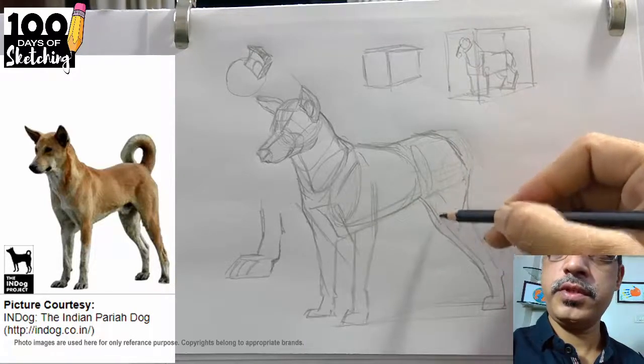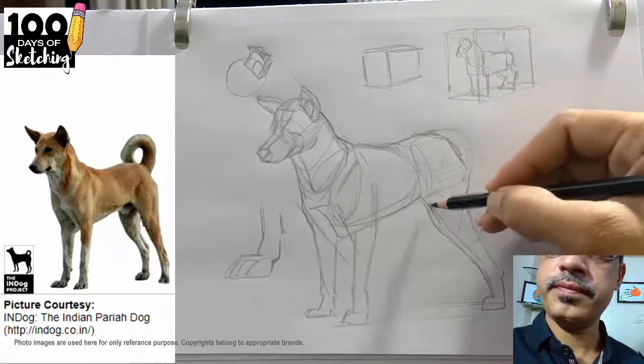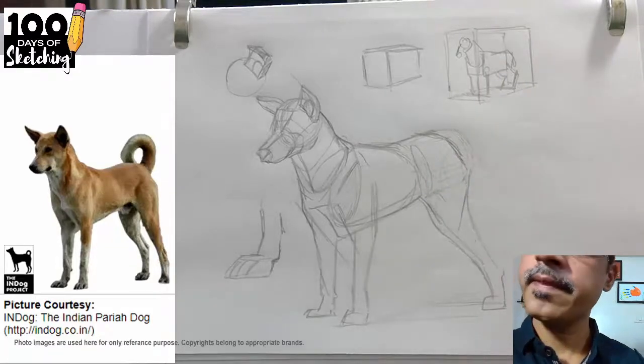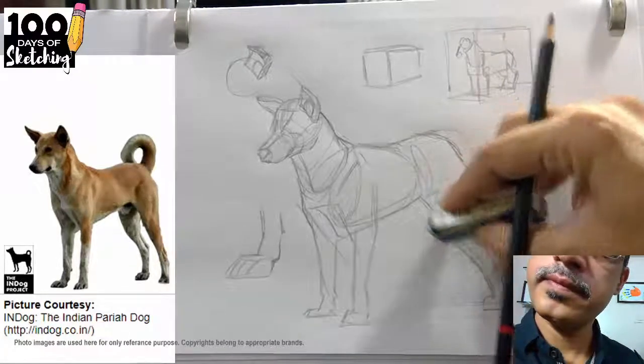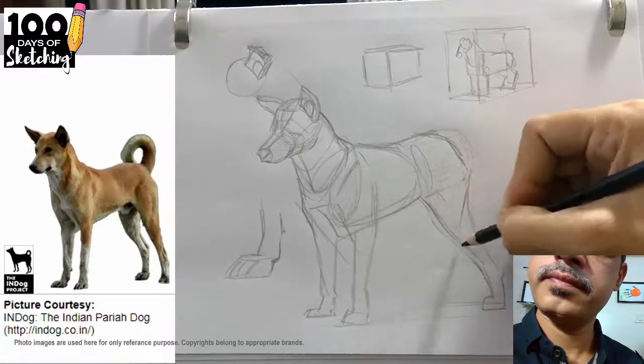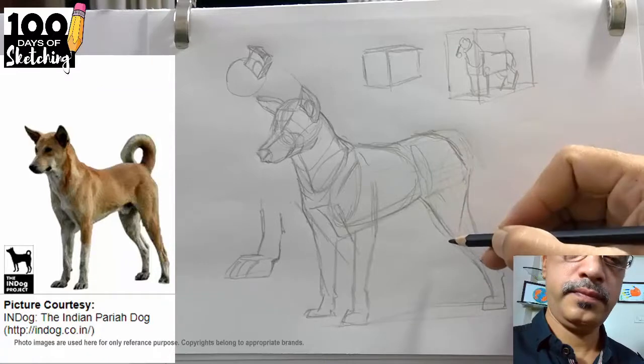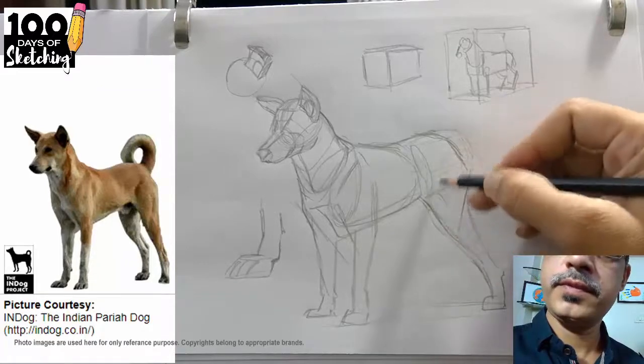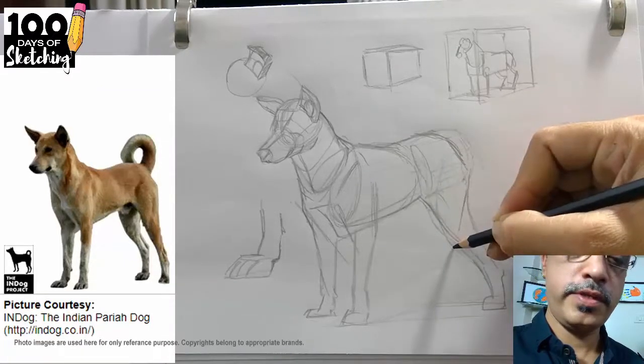And from here, you can see this curvature line coming here.